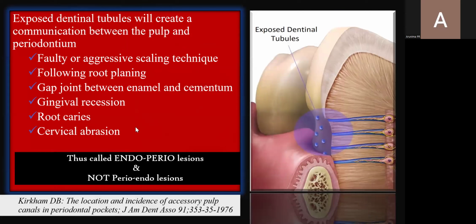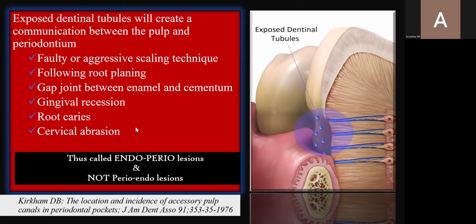I need to highlight one thing here: exposed dentinal tubules will always create a communication between pulp and periodontium. Everybody knows this. You can see in the right-hand picture how well it is connected to the external tissues. That means an aggressive or faulty scaling technique, or root planing procedures where you instrument more, can damage the hard tissues.